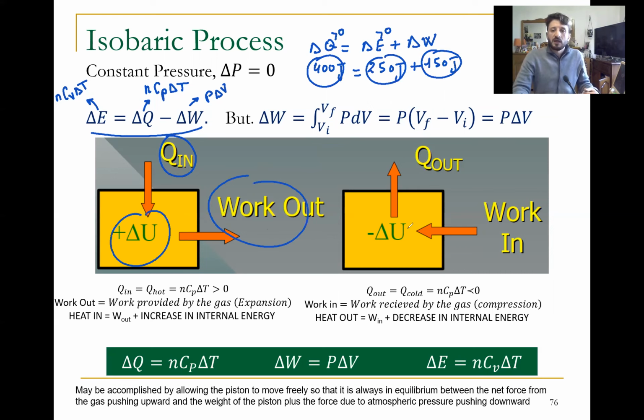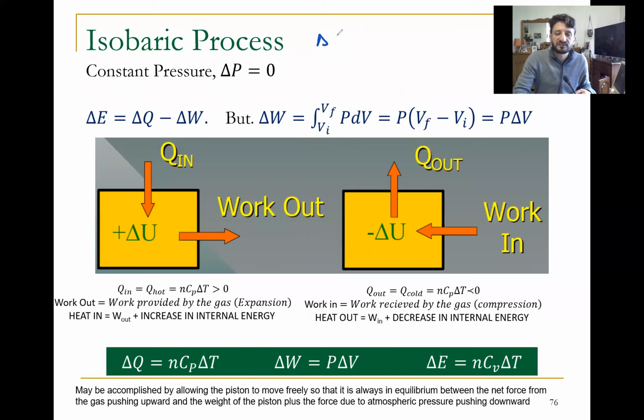So the added quantity of Q must be divided between the internal energy and the work out. We can say dQ equals dE plus dW. If we have Q out, I mean Q is negative, for example minus 400, so delta E must be negative, for example minus 250.